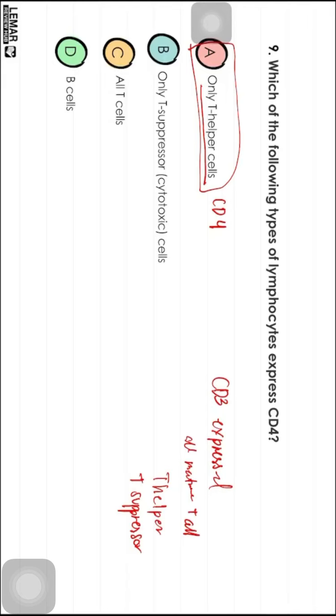So number 9, the answer is letter A, CD4.